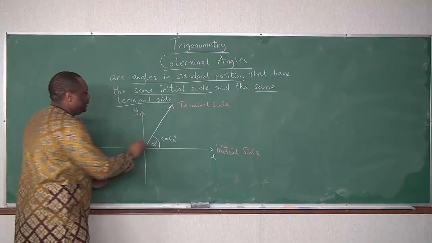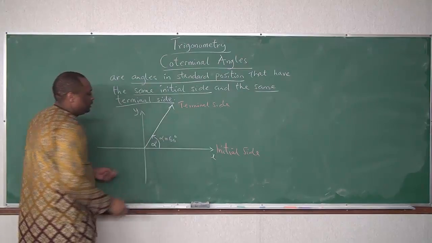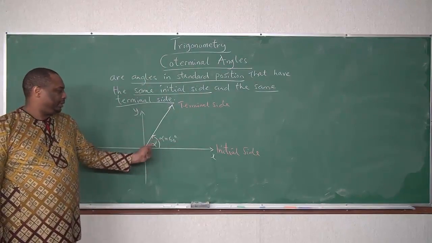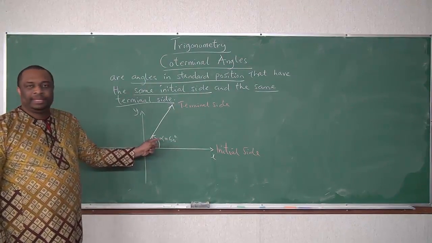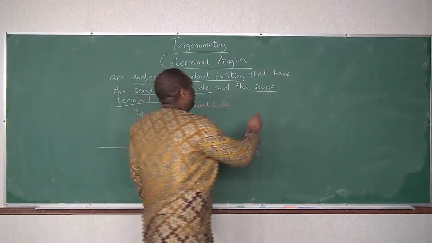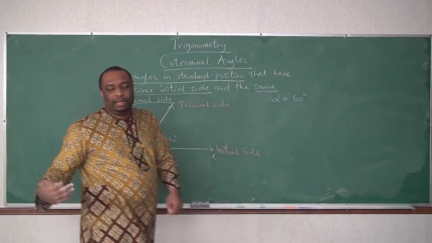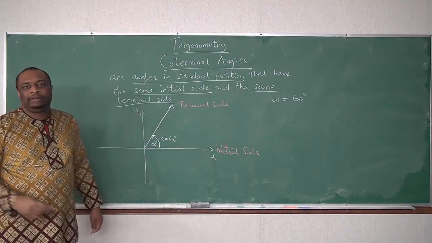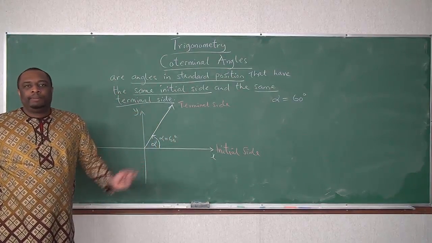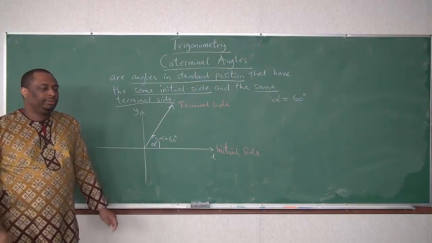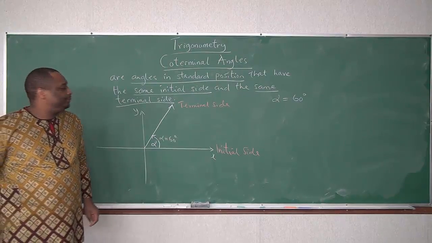Then this is going counterclockwise. So because it's counterclockwise, the angle is positive. Remember, we talked about it in the previous video: if the angle is formed by a counterclockwise rotation, then the angle is positive.